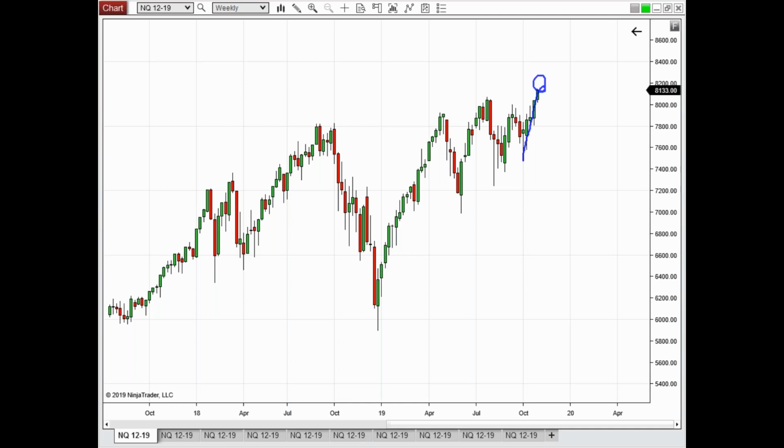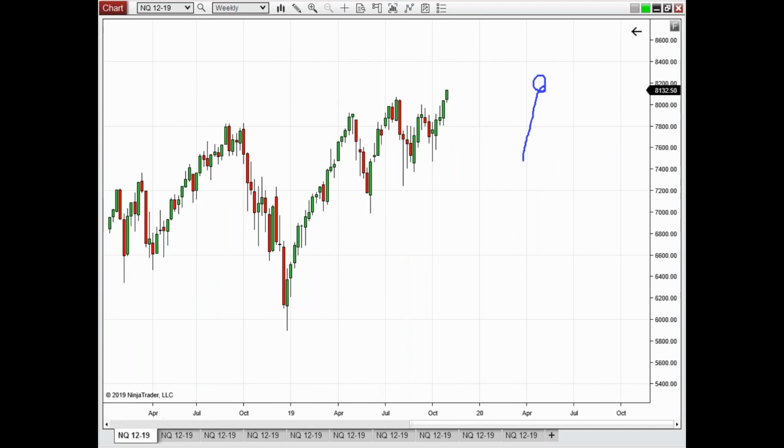And actually, we had a nice example from one of our peeps over here in League of Traders. I'm going to show you the chart that he shared with me because it's a really good example. Hopefully he doesn't mind.